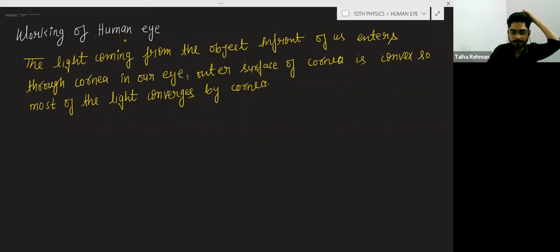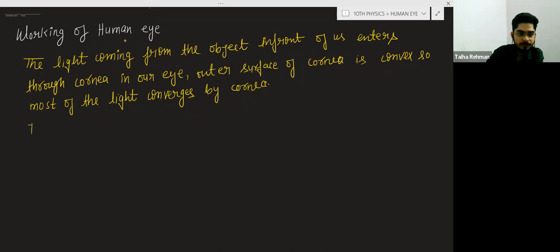Okay. So after the light converges by the cornea, the outer part of the cornea, light enters into the pupil.